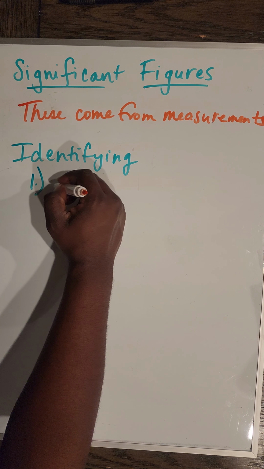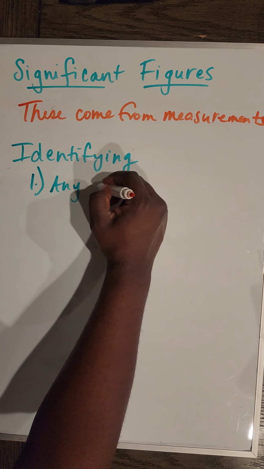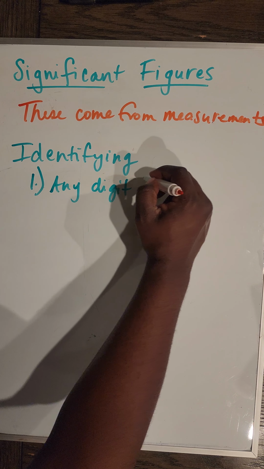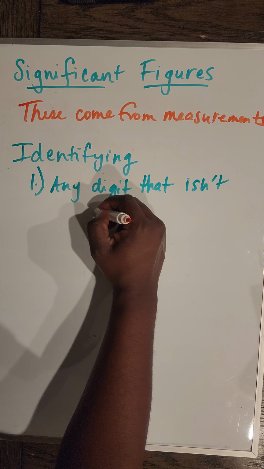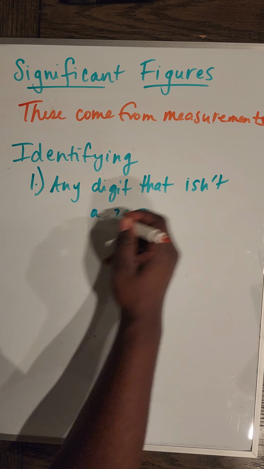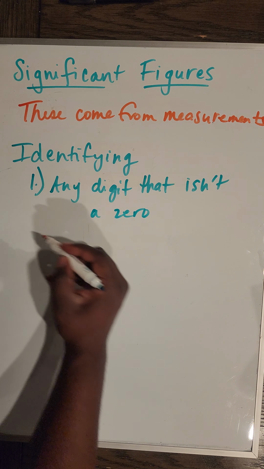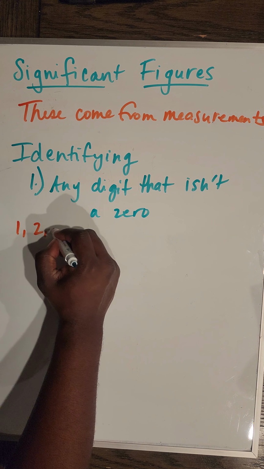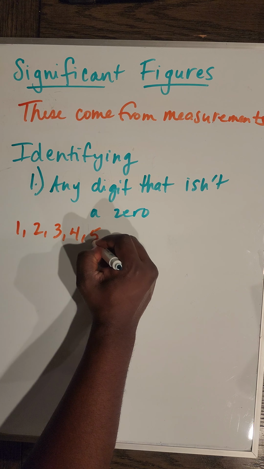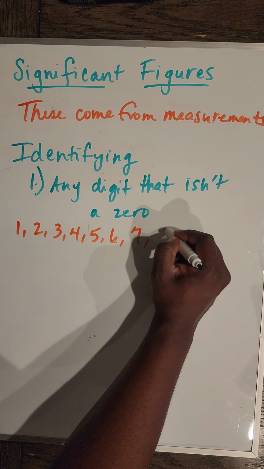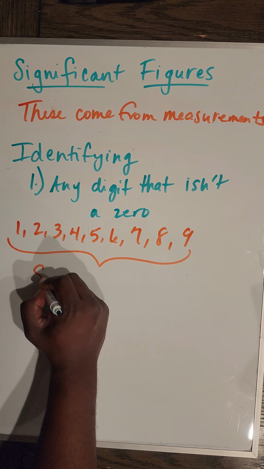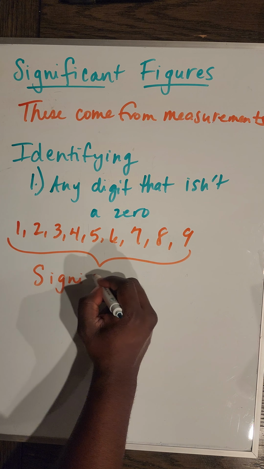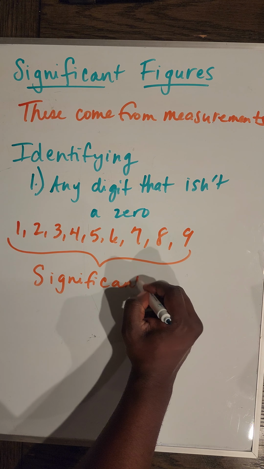Number one thing you got to focus on: any digit that isn't a zero. If the number is not a zero, that is 1, 2, 3, 4, 5, 6, 7, 8, or 9, all of these are significant.